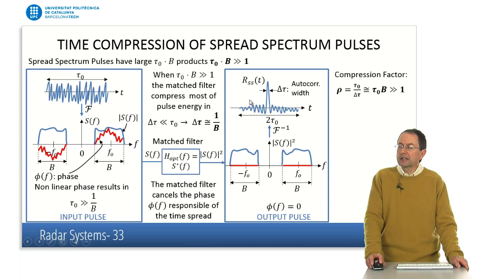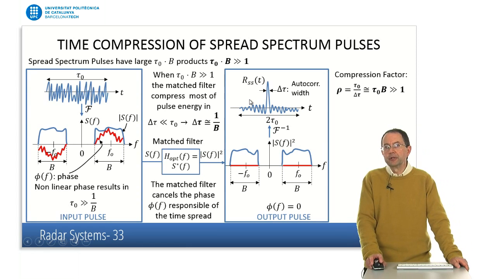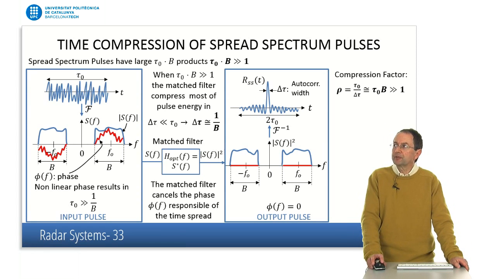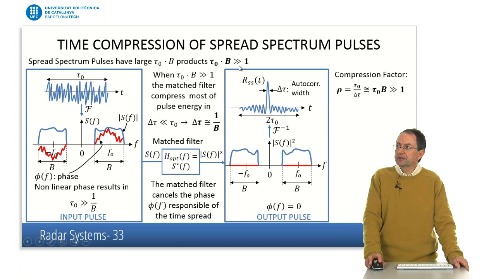There is another class of signals which are very interesting to be used in radar, which is the spread spectrum signals, which has the particularity that the product of the duration multiplied by bandwidth is much larger than 1. For this class of signals, both the time duration of the signal and the bandwidth are large. That's why the product of both parameters is much larger than 1.